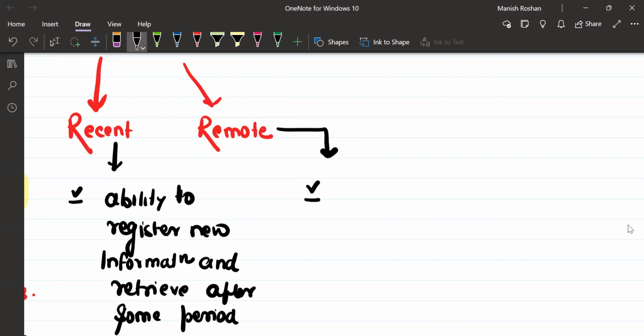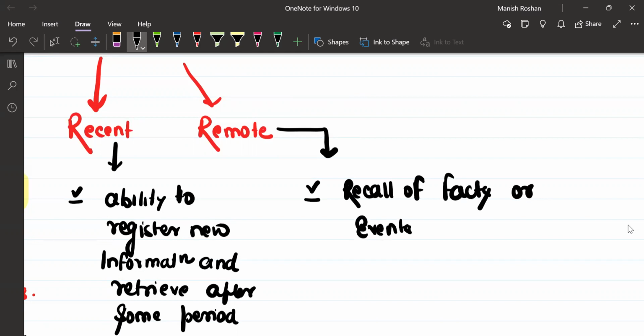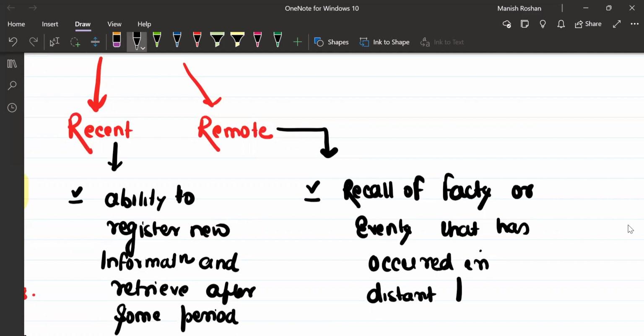Fine. Coming to the remote memory, it is defined as recall of facts or events that has occurred in distant past.